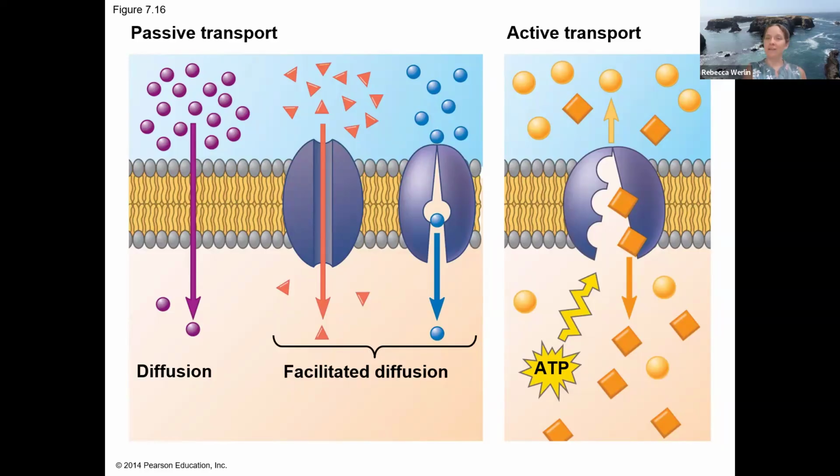That does not take energy. But if you want to move something from low concentration to high concentration, that is much harder and takes energy. That would be active transport, moving something that is already at a low concentration to a high concentration.